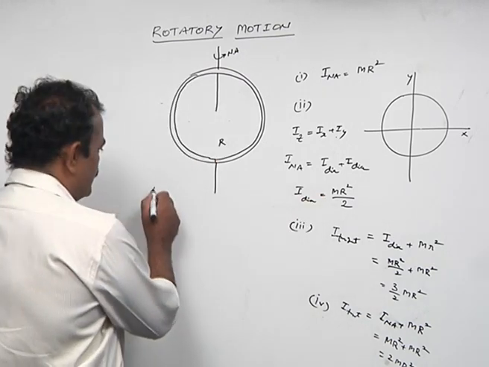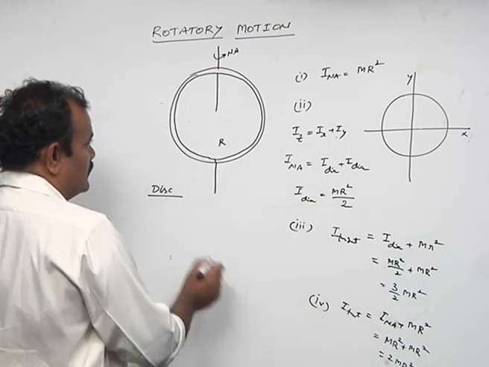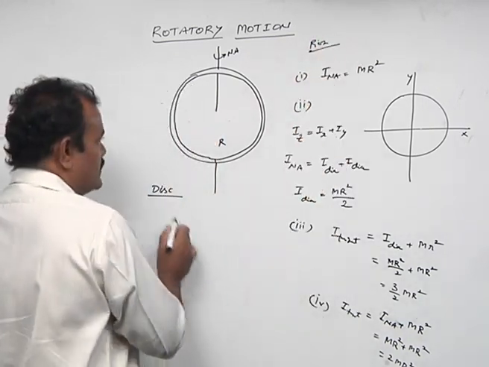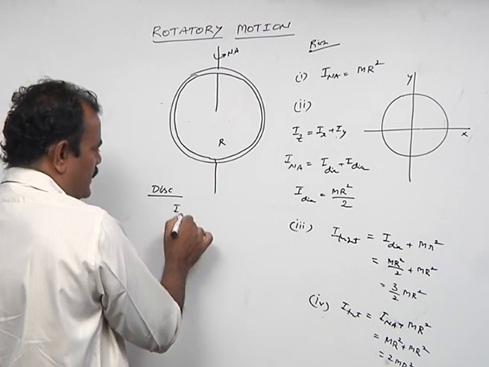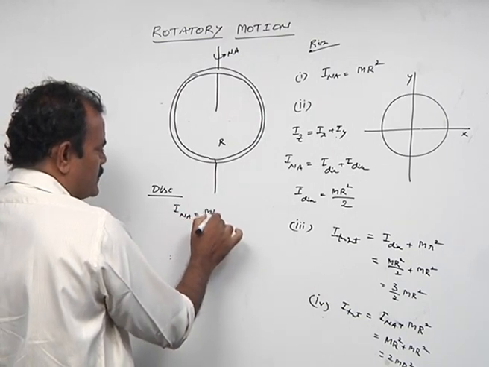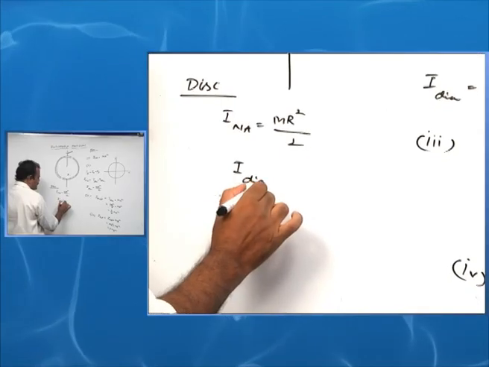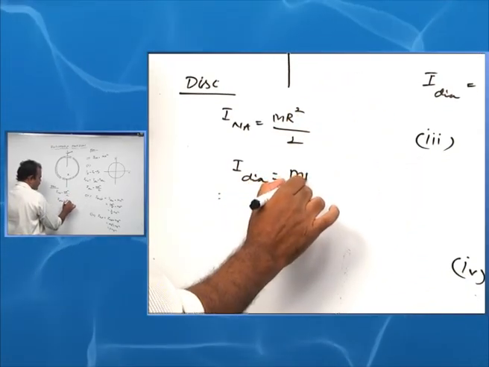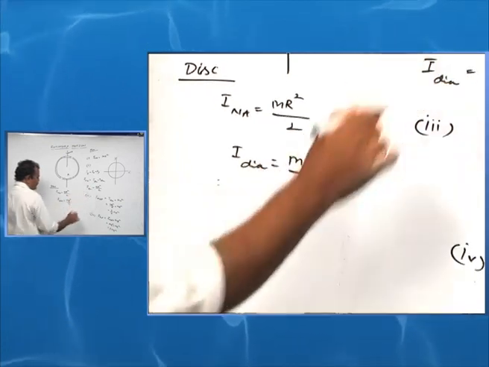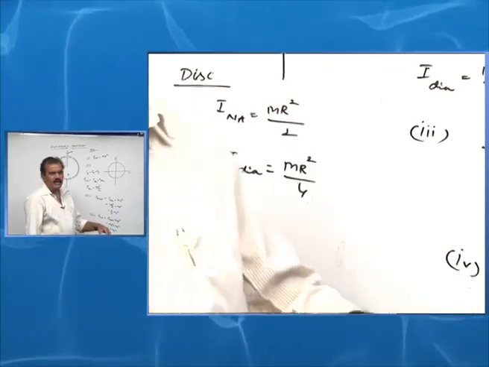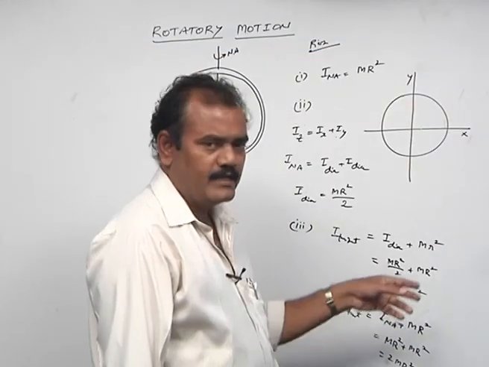So all this was for the circular ring, and in the case of the disc, I NA is equal to Mr square by 2, and the I diametrical axis is Mr square by 4 by applying the perpendicular axis theorem. And similarly you can find out the moment of inertia about the other two tangents also by applying the parallel axis theorem.